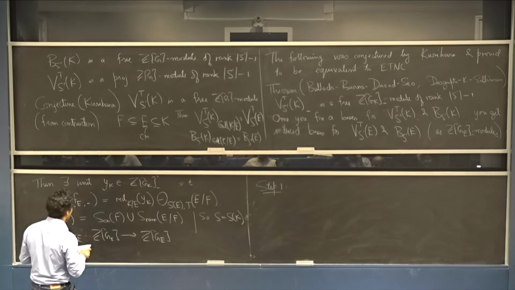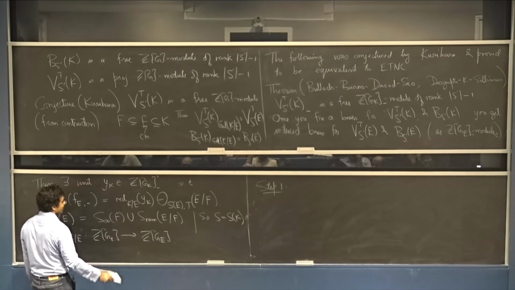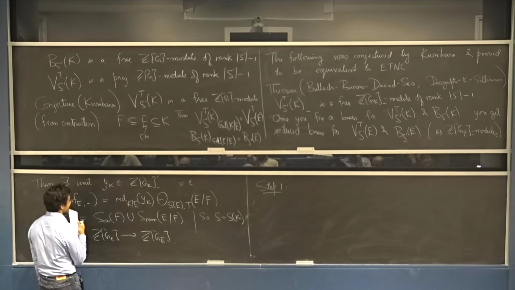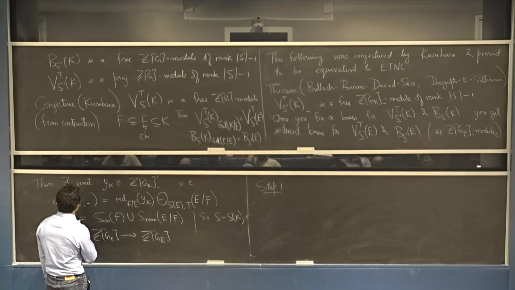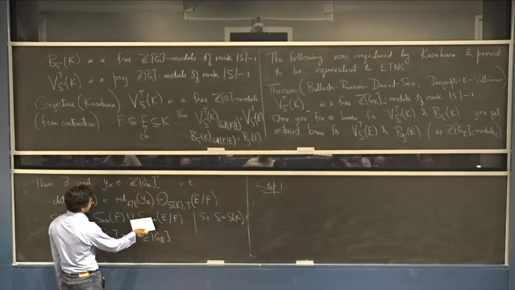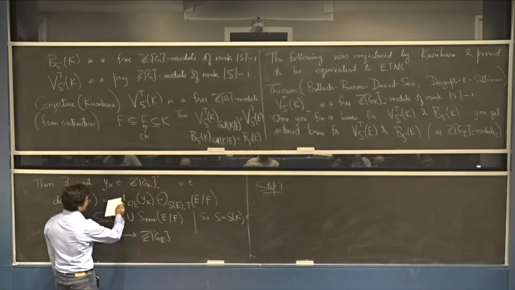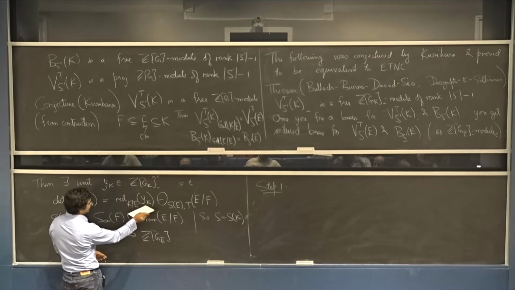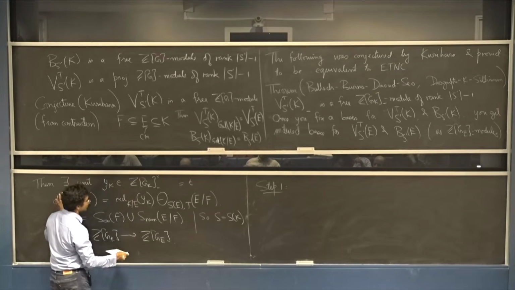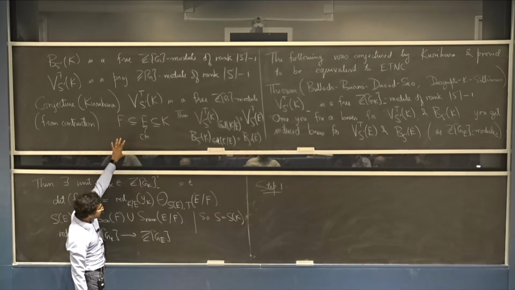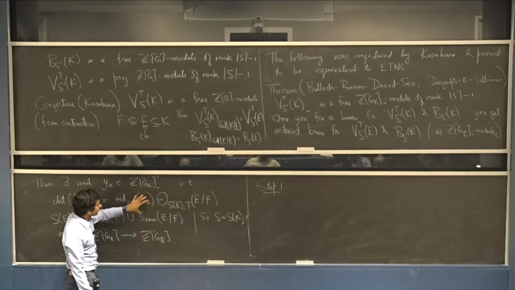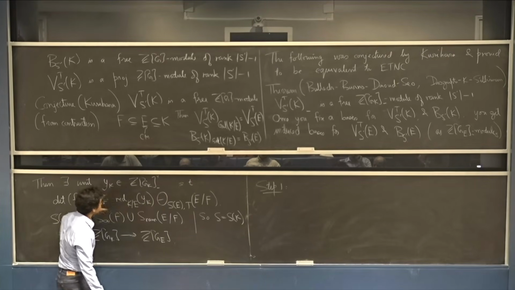Yeah, not in some direct way, but you see this thing, y_K is the difference between the two sides at K, and the same unit y_K is also capturing the difference between this and this.